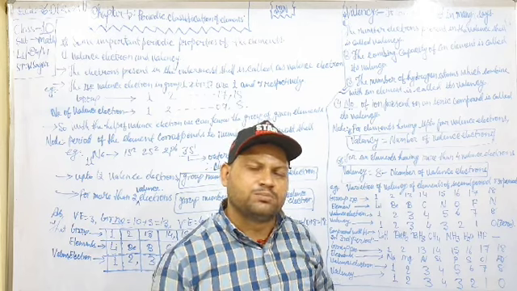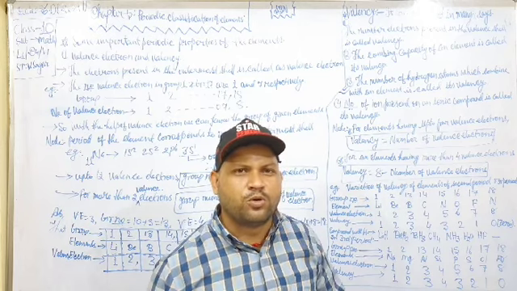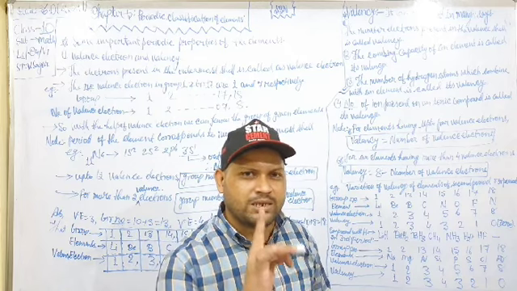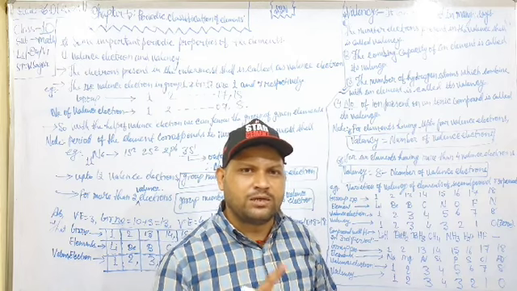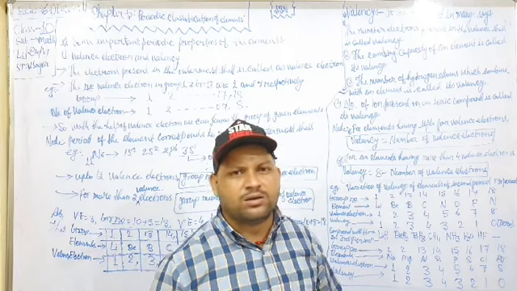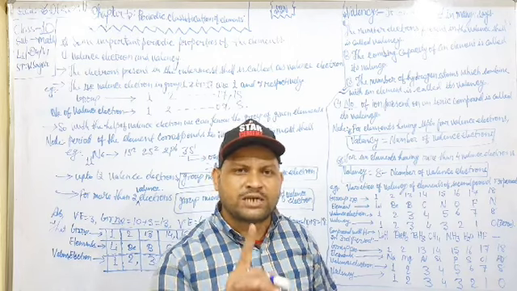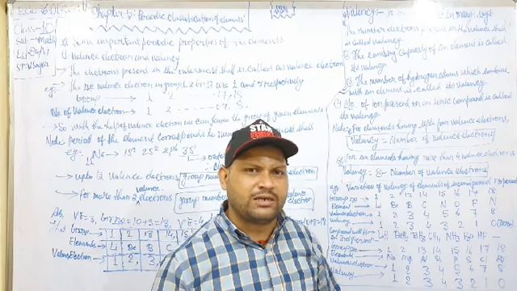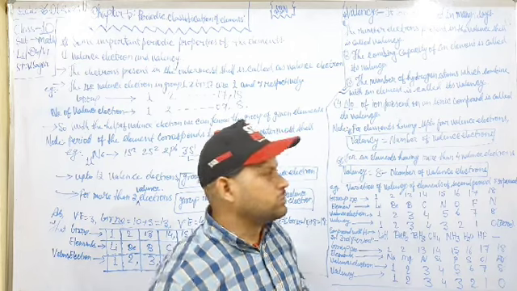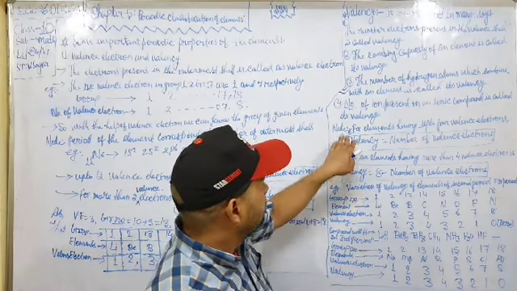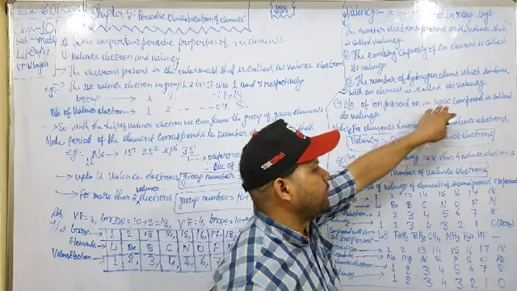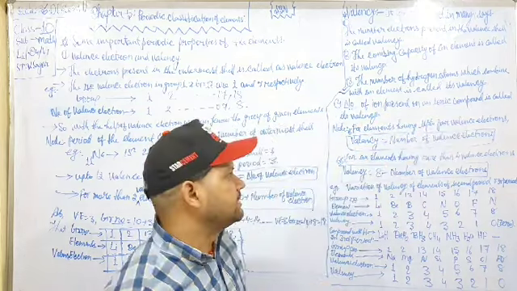The number of ions present on SO4 minus is called its valency. So the valency of sulfate ion is 1. Valency of hydrogen ion is 1. Valency of oxide ion, hydroxide ion is -1. So the number of ions present on an ionic compound is its valency.